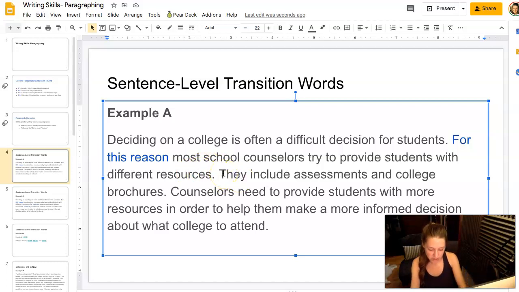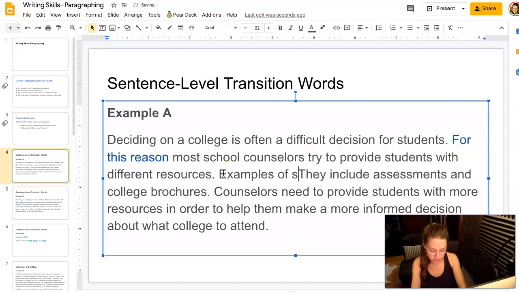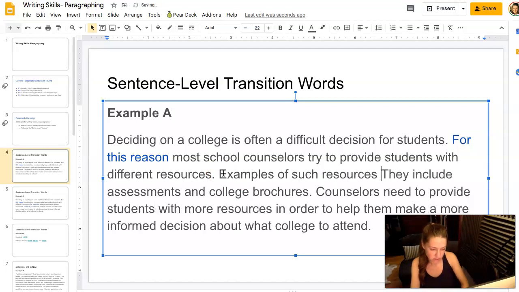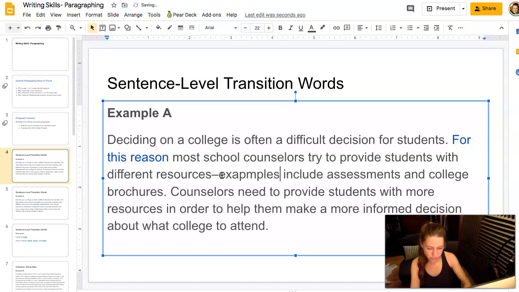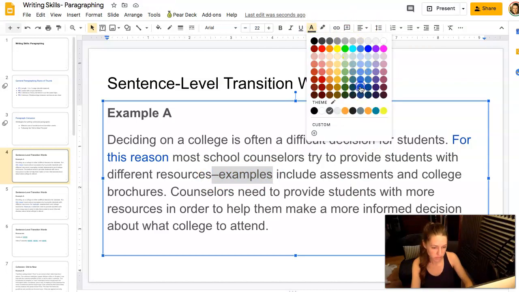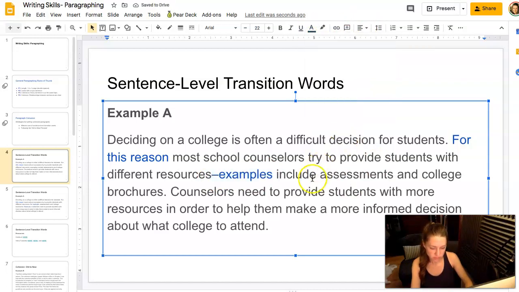We could say examples of such resources include assessments and college brochures, or we could just add in examples include. Point being, we've identified that these are examples of this.